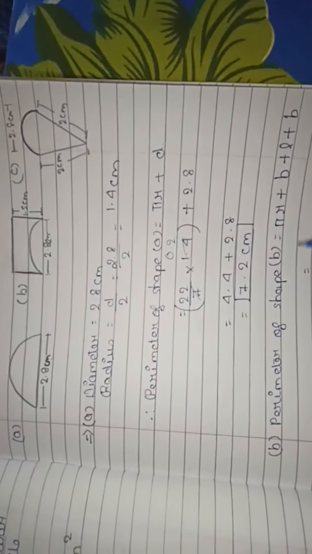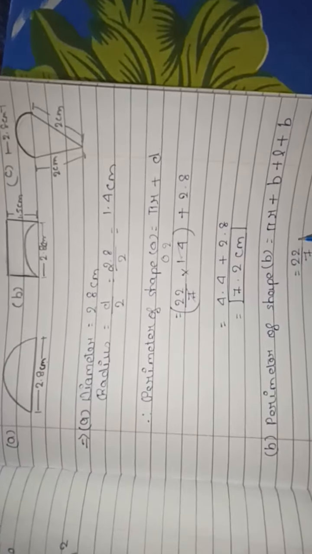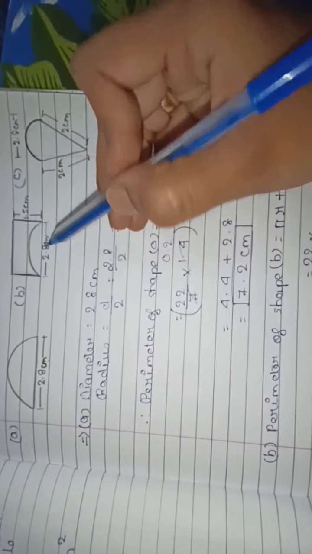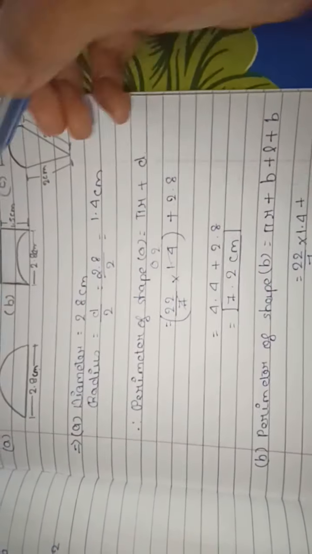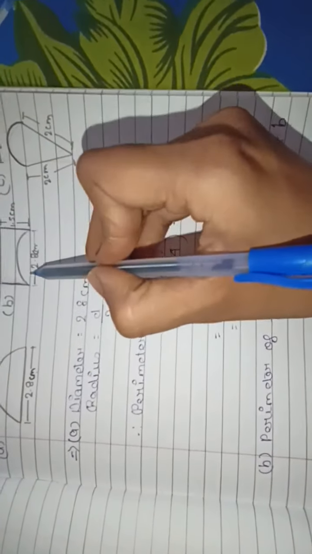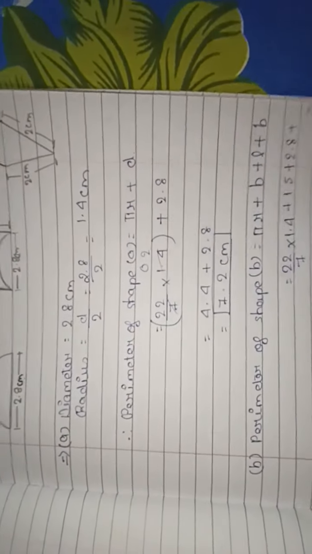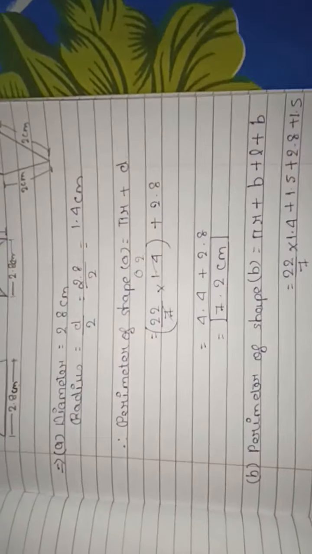So first we will start with pi r. What is pi here? 22 by 7, and r we already know, 2.8 is the diameter, so r will be 1.4. Plus, what is the breadth here? 1.5, plus length. What is the length over here? It is the same as the diameter, that is 2.8, plus this again 1.5.